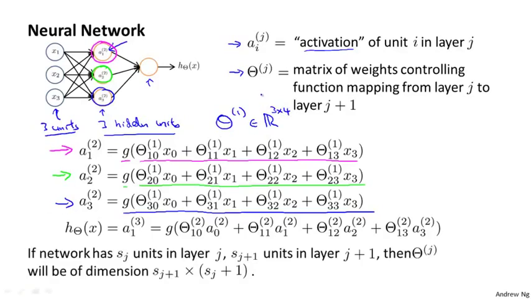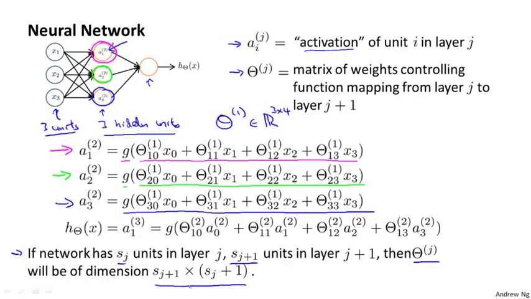And more generally, if a network has s_j units in layer j and s_(j+1) units in layer j+1, then the matrix theta j, which governs the function mapping from layer j to layer j+1, will have dimension s_(j+1) by (s_j + 1).